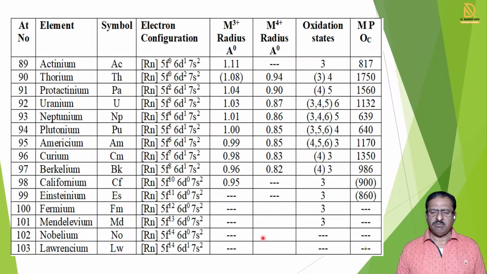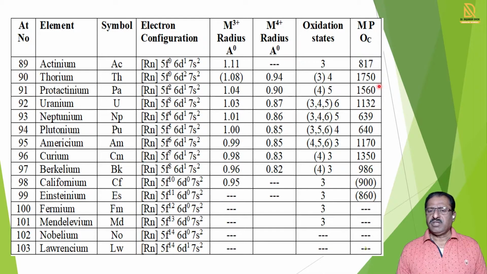There are blanks in the table because for these elements the radius is not measured, because of their unstable property or very small half-life. So in this way, we have seen the electronic configuration, then the oxidation state.